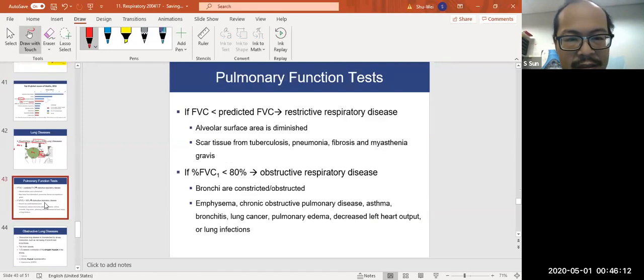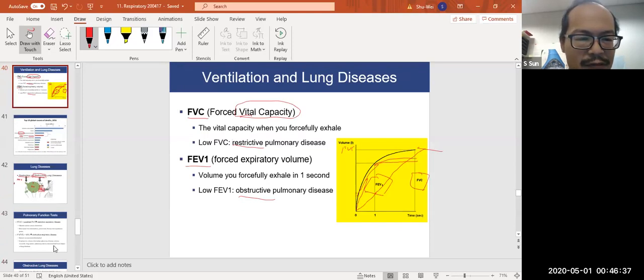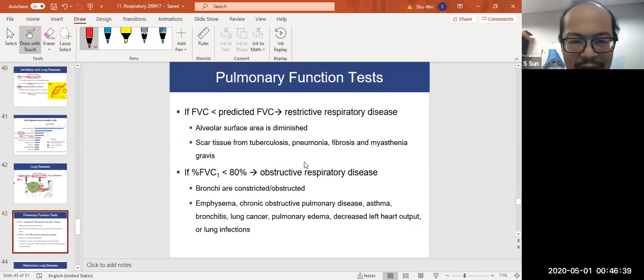All right then. So here is the pulmonary function, basically the FVC and the FEV1. So this should be FEV1, right? Please make the correction here. So this should be FEV1.